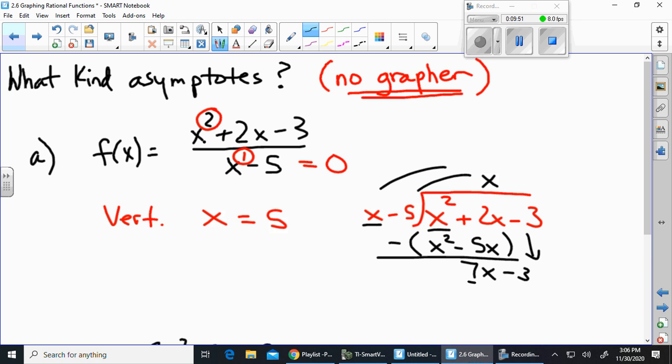What do you multiply x by to get 7x? 7. You stop. The remainder has nothing to do with the function. That is y equals x plus 7. So your end behavior asymptote would be y equals x plus 7.